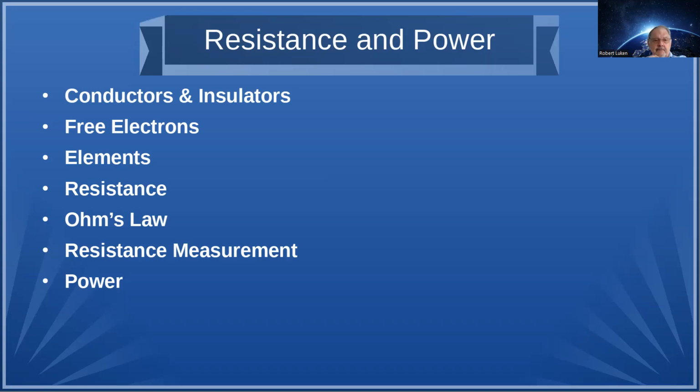Look at some of the particular elements that we use, like copper and silver, silicon, things like that. Get into what resistance is and what Ohm's law is, which you will use a lot, how you measure it, and then get into actual power and power measurement.